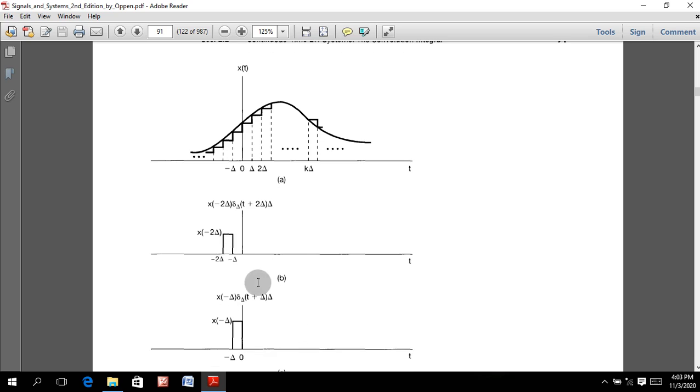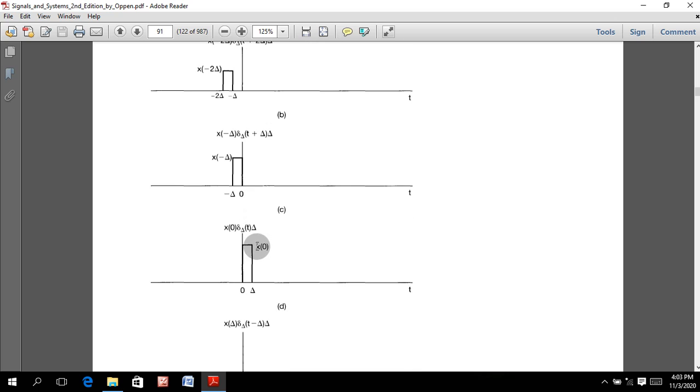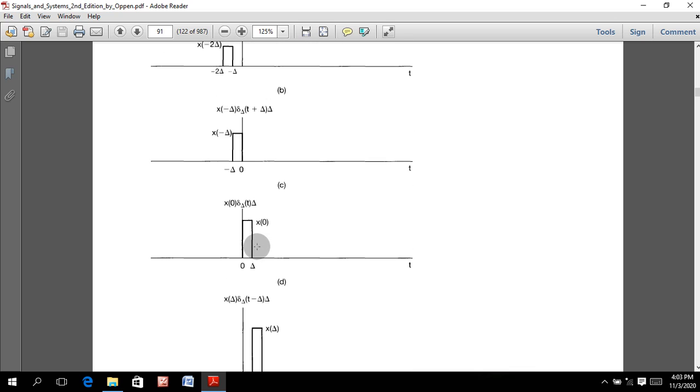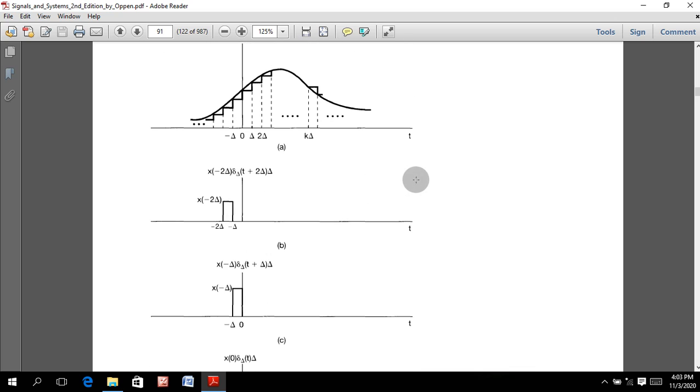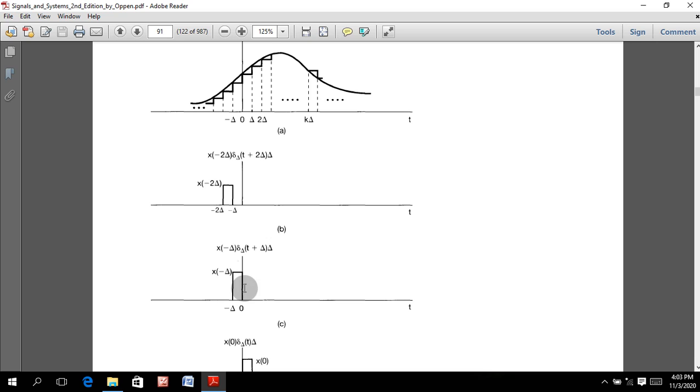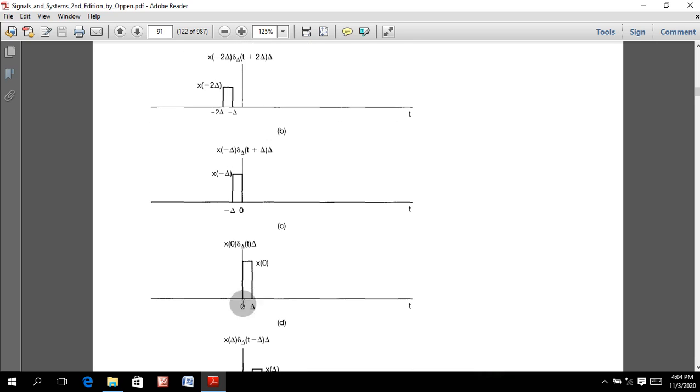What this is saying is that in the case of a discrete time signal we took x of n as the input signal, and this is a continuous time signal, taken in a different form. From minus 2 delta to minus delta is the first function, this one is the second, this is the third, and this is the fourth.